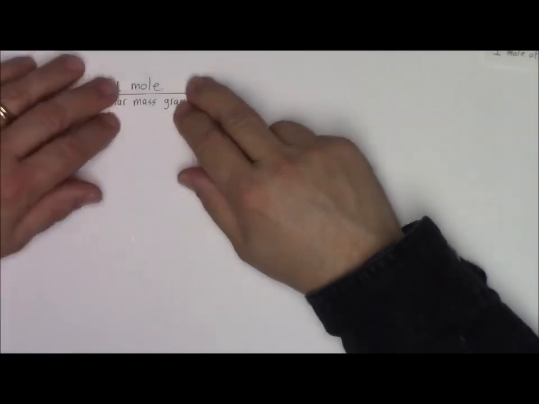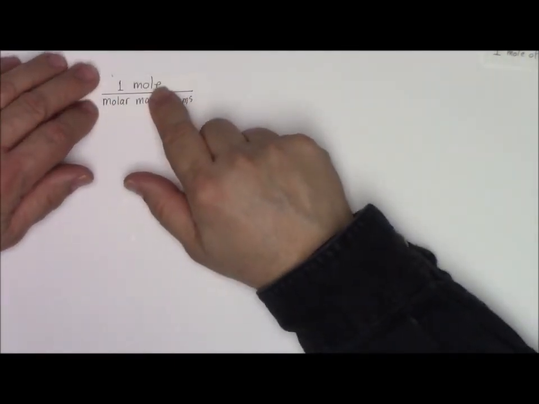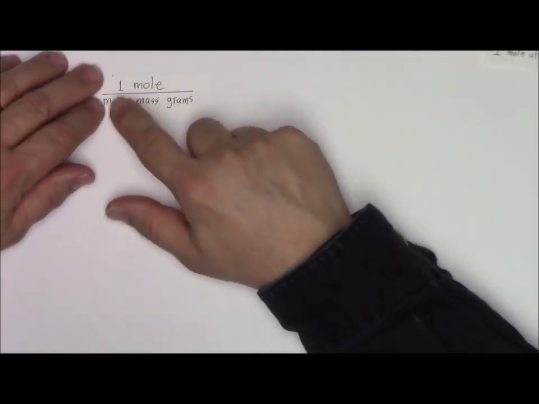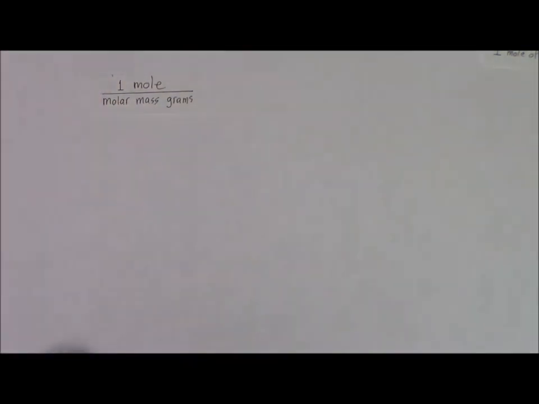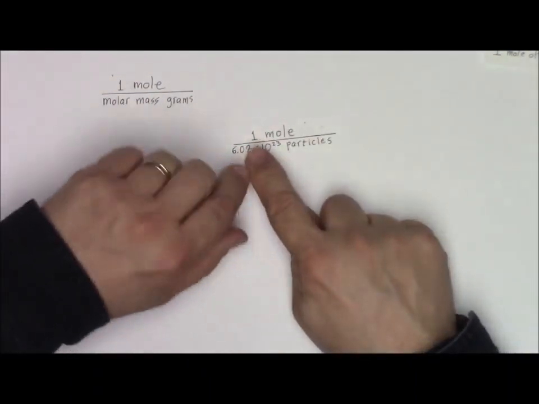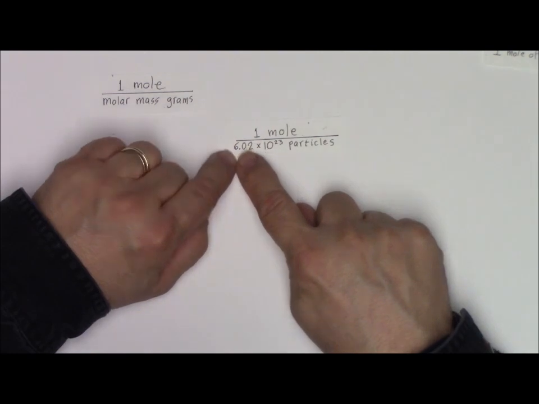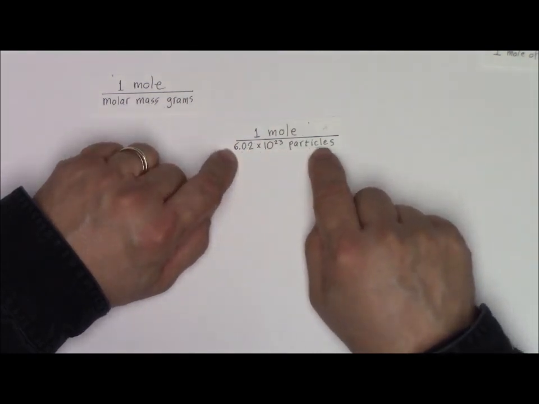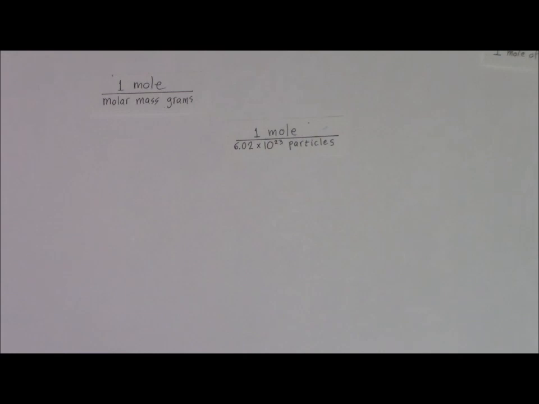Let me just summarize with my conversion factors. One mole of a substance will have a mass of whatever the molar mass of that substance is. Next, one mole of a substance is 6.02 times 10 to the 23rd particles of that substance.